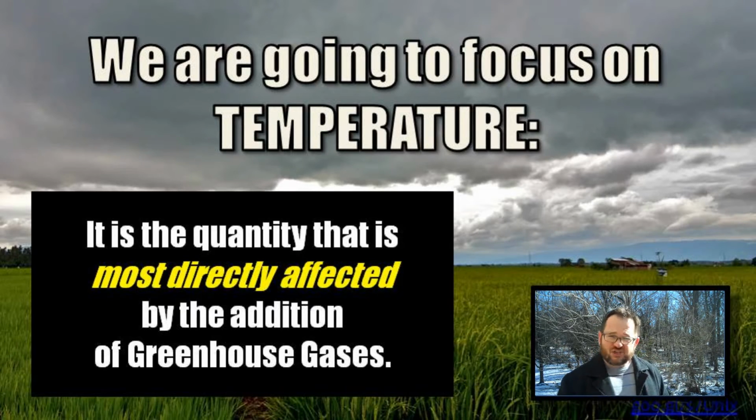It isn't until the next module that we're going to start by learning the physics of why that would be, but the addition of greenhouse gases to the atmosphere by the burning of fossil fuels and so on is primarily changing the temperature of the Earth's atmosphere and the surface of the Earth, which then can change things like how much precipitation a region receives, or how many hurricanes happen per year. But what is most directly affected by the release of greenhouse gases into the Earth's atmosphere is the temperature of the Earth atmosphere system. So temperature is a logical way to describe how climate is changing.